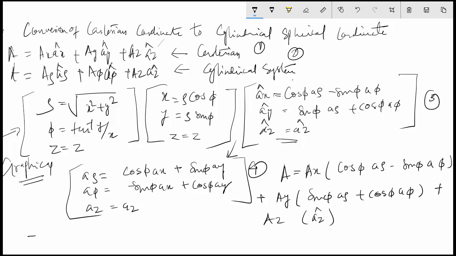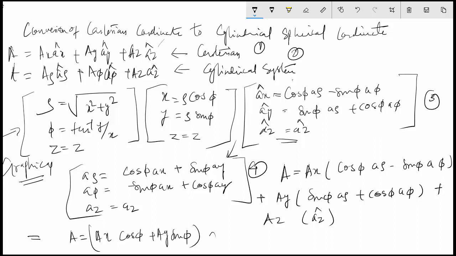So based on this it's possible to write A is equal to Ax cos phi plus Ay sin phi, and the whole thing you can take a rho common.